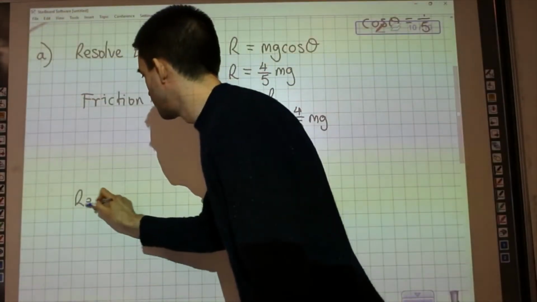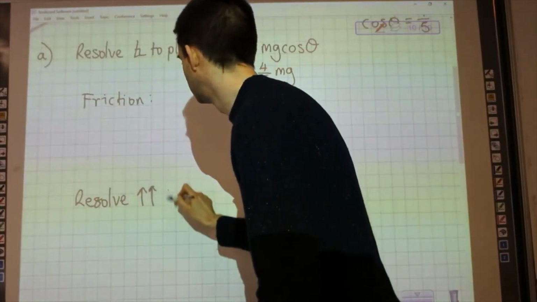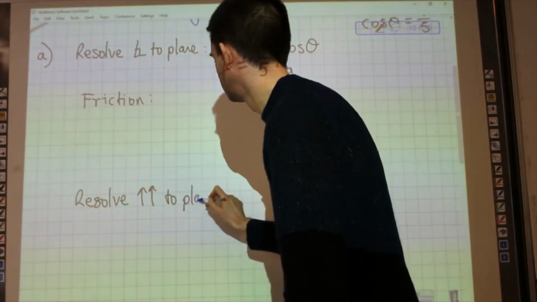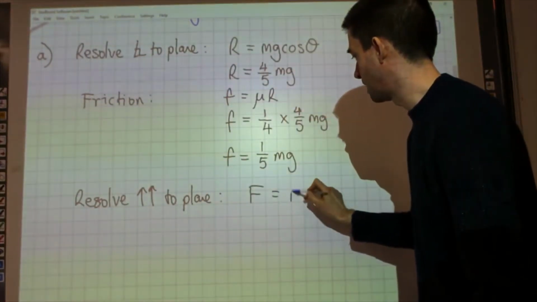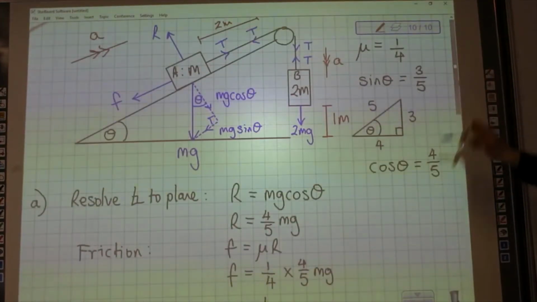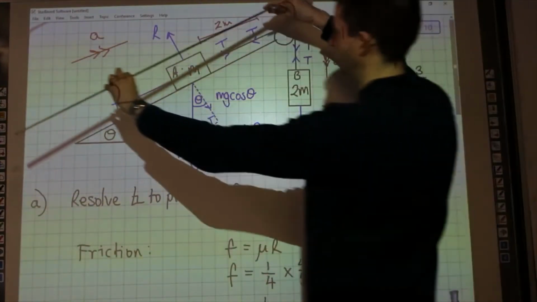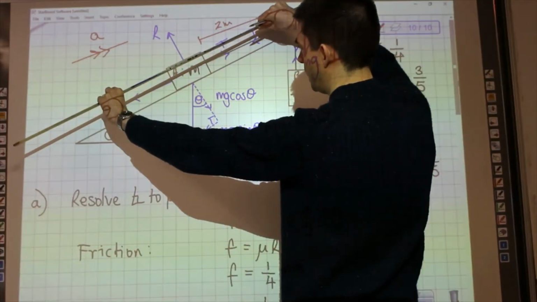Now we've done that, we're going to resolve parallel to the plane. Using that resultant force is mass times acceleration. Resolving in the direction of motion, which is upwards. Look in here, any forces acting parallel to the plane on A I'm going to consider.